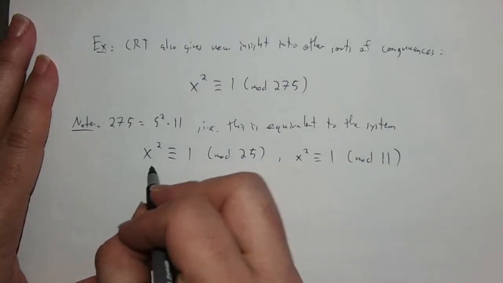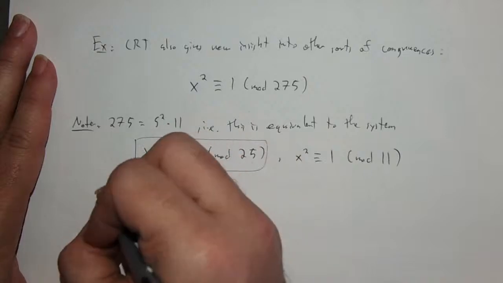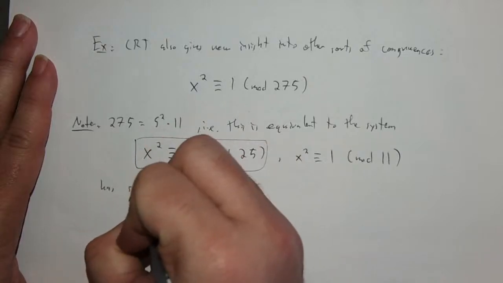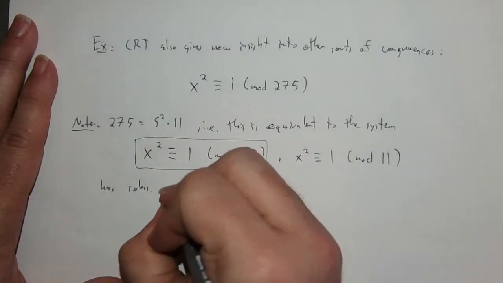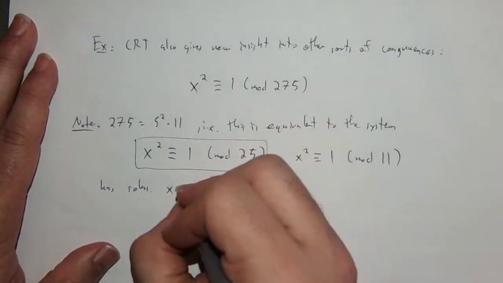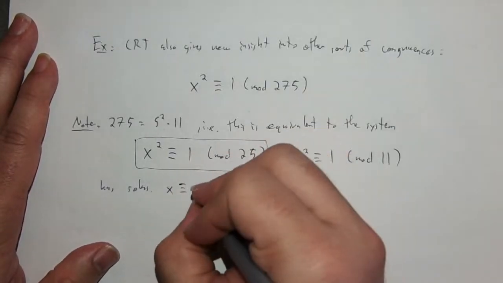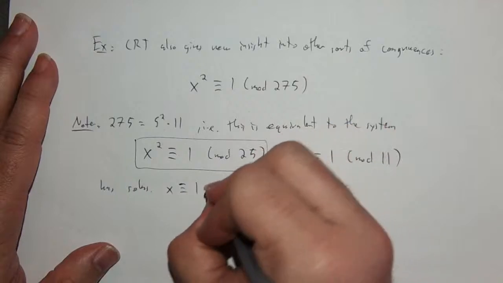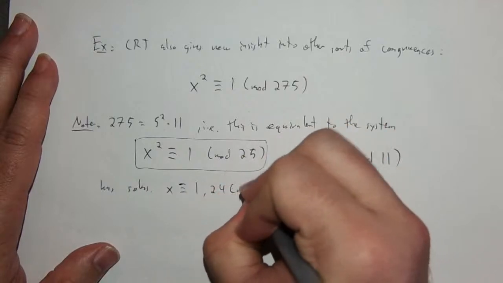So the first one has solutions x congruent to 1 or minus 1, which is in this case 1 or 24 mod 25.